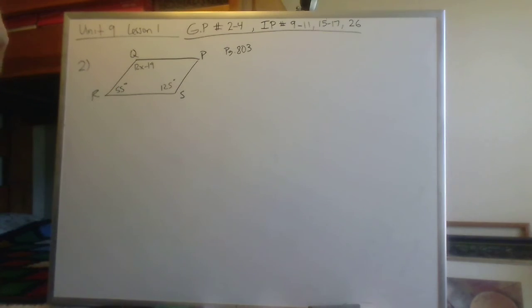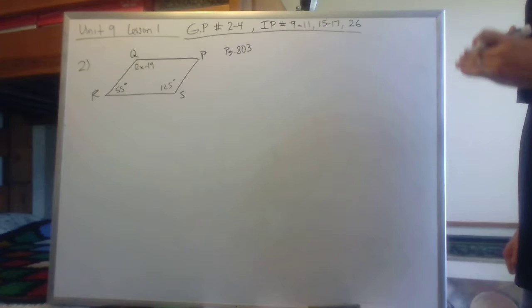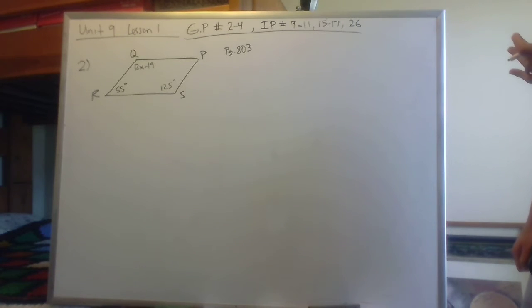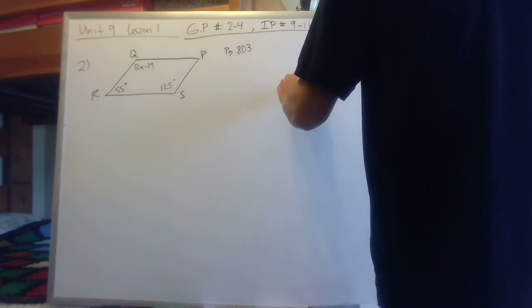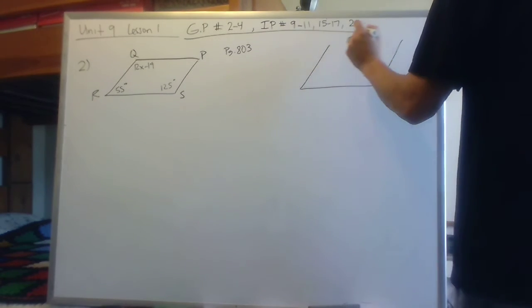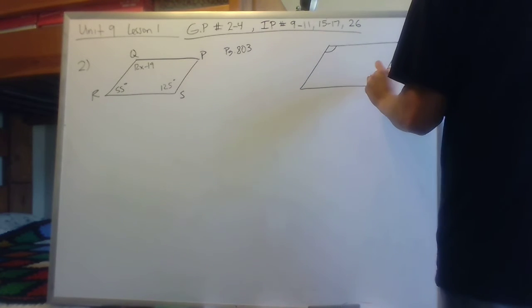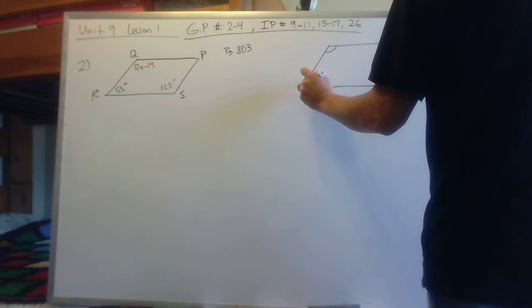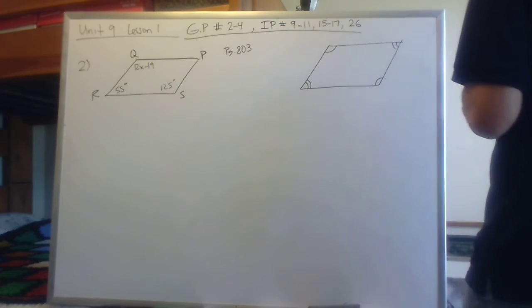And so on page 803 in your textbook, there are 4 theorems that classify a parallelogram that I would like you to pay attention to. One of those theorems has to do with problem 2, where it says that the opposite angles in a parallelogram are congruent.